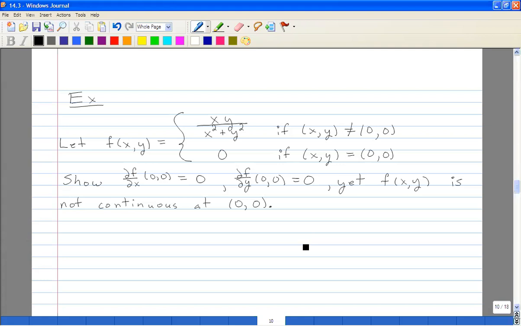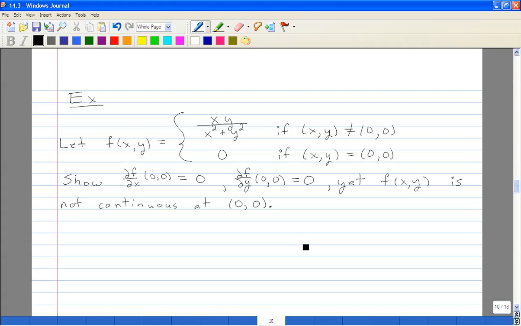They're not telling you the whole story. In the one-dimensional case, if the derivative exists, then the function is continuous. Since that doesn't work here, the partial derivatives are not really a concept of a derivative.